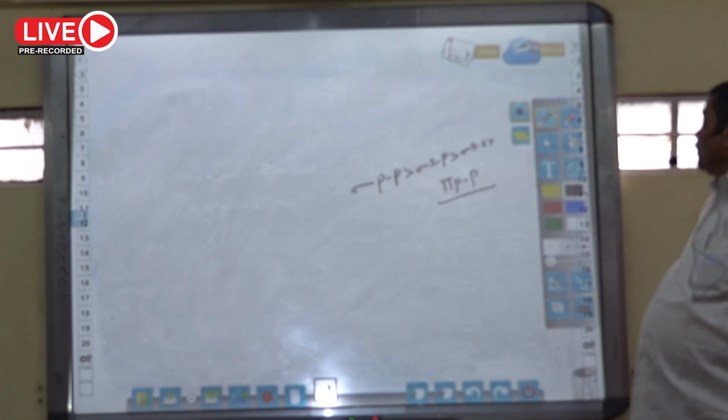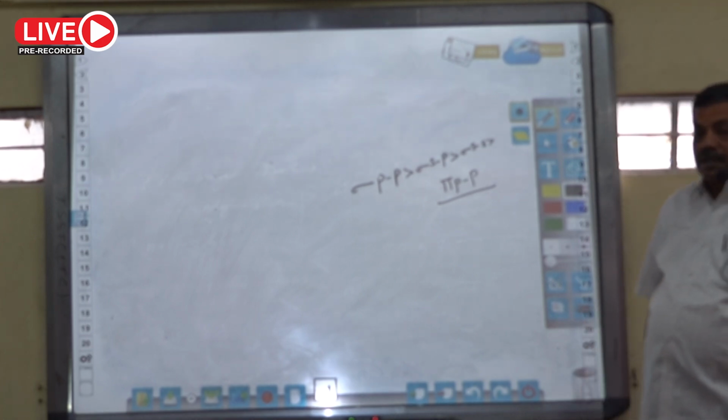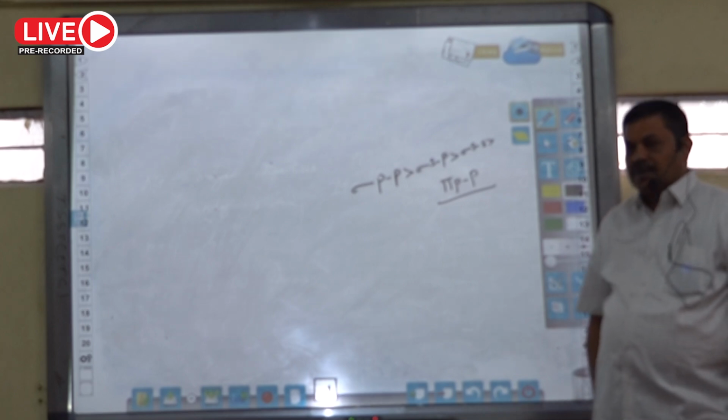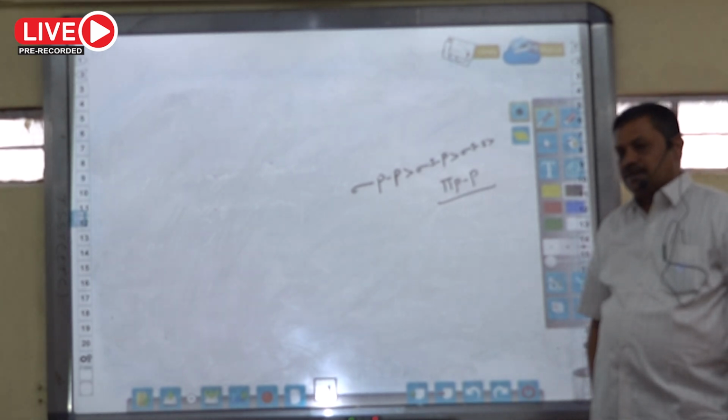This is the decreasing order of extent of orbital overlap.